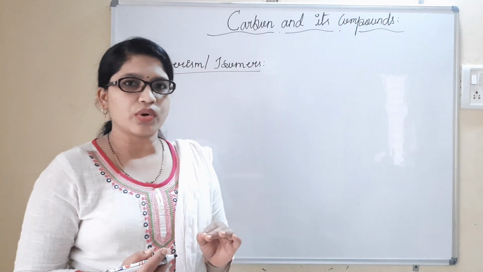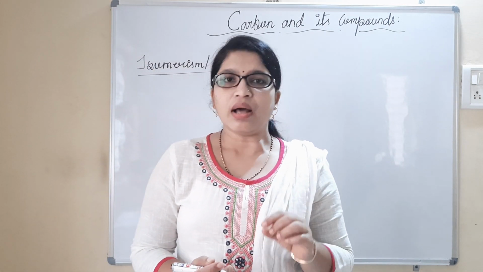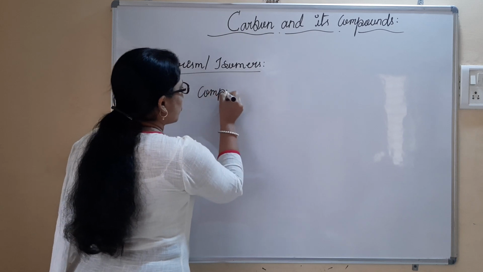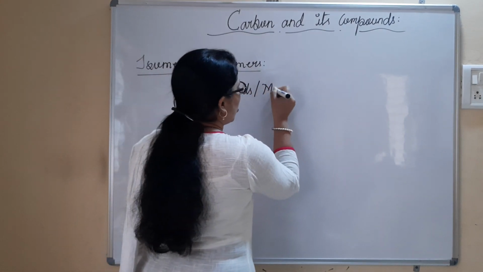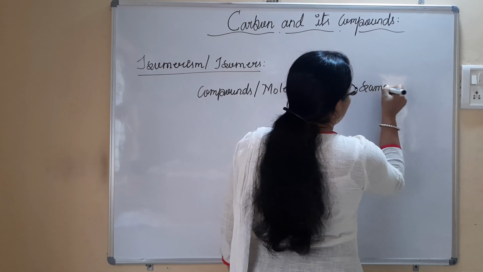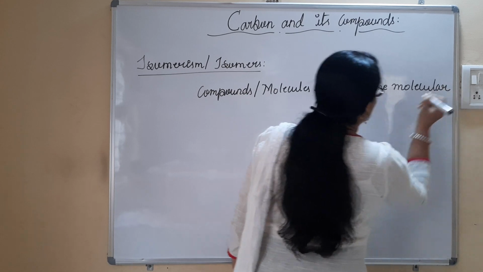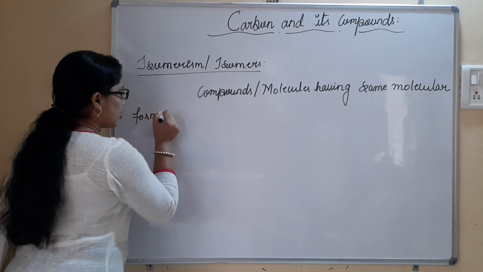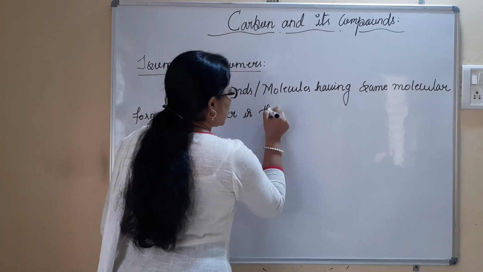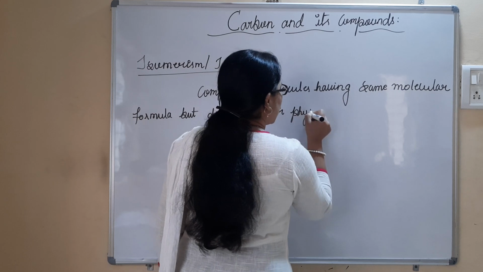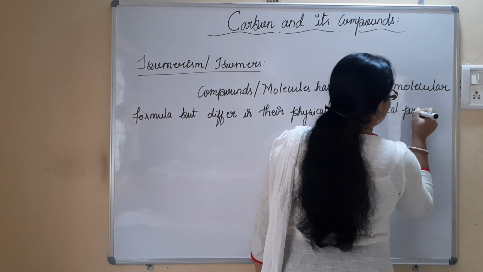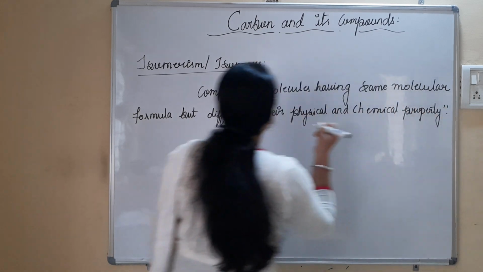These are compounds or molecules having the same molecular formula, but they differ in their physical and chemical properties. They are referred to as isomers.